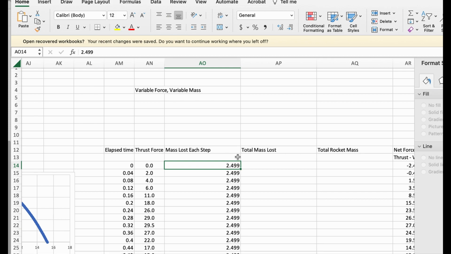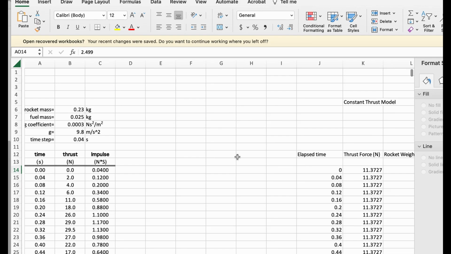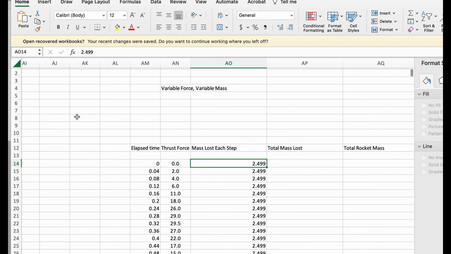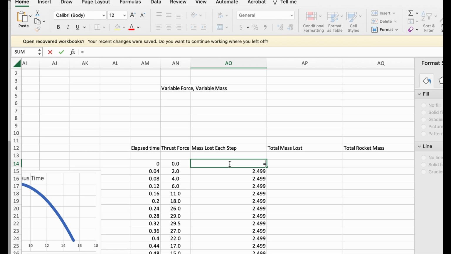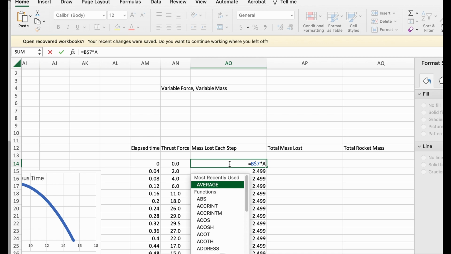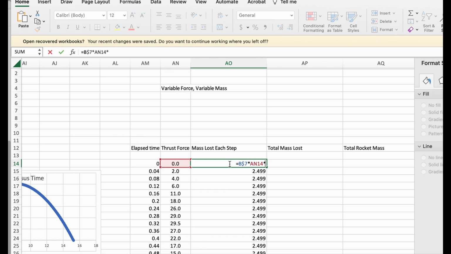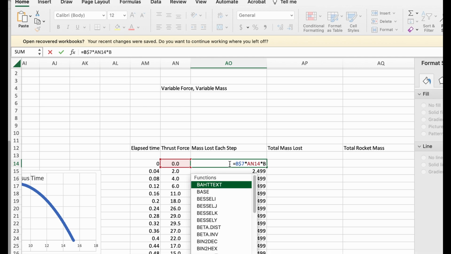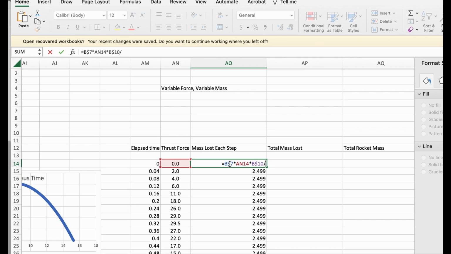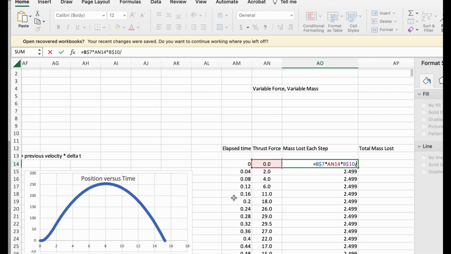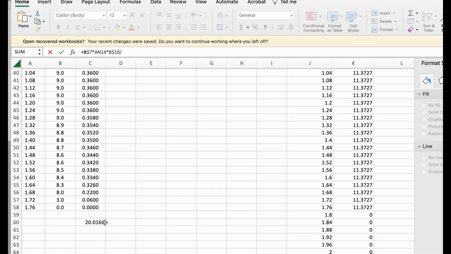All right, so for the mass lost each step, we were going to take the 0.025, which is $7, and we were going to make a proportion where you multiply by the impulse lost that step, which would be the force AN14 times the delta T of $10, and then divide by that total impulse delivered of 20.016, which I could call up from the proper column here, C60.